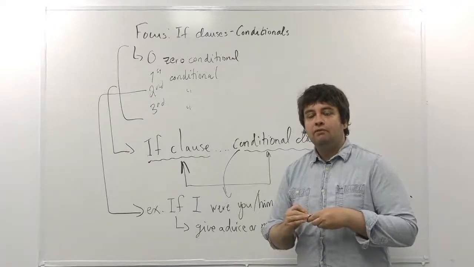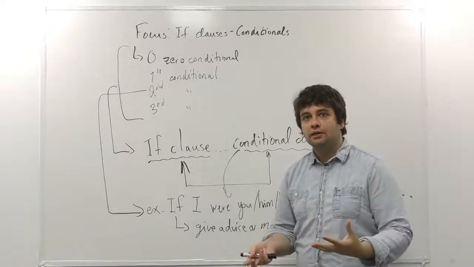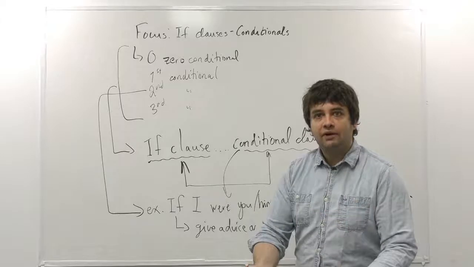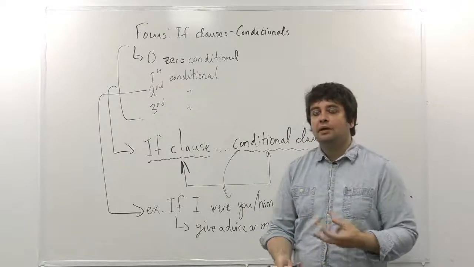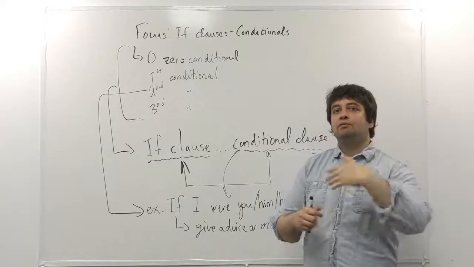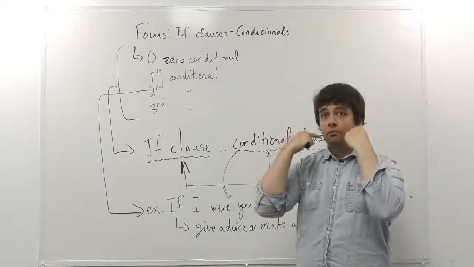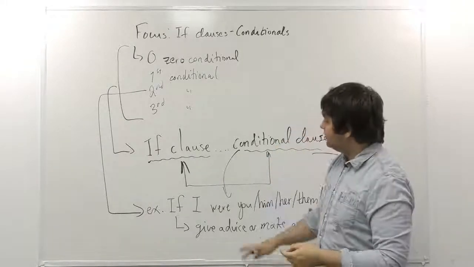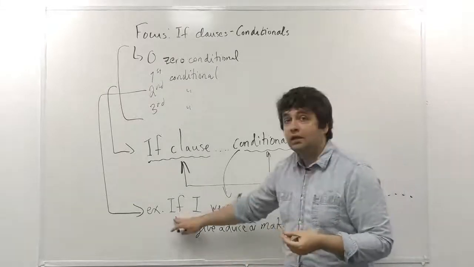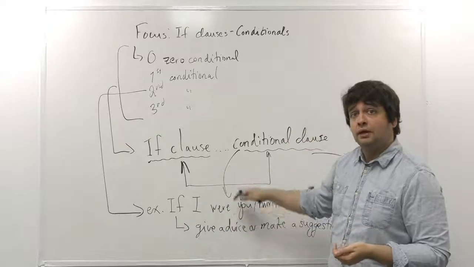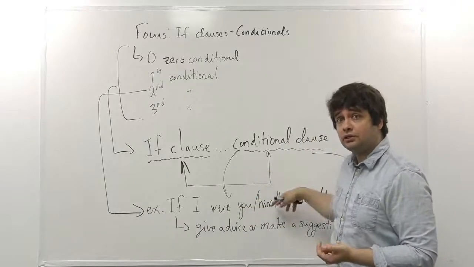So this is a very, very common way to use the second conditional because we all have friends, we all have loved ones, or people we know and care about. And sometimes when we want to give them advice from our point of view, we will give them advice like this. We will use the second conditional. We will say, if I were you, I would, and then your suggestion, right?